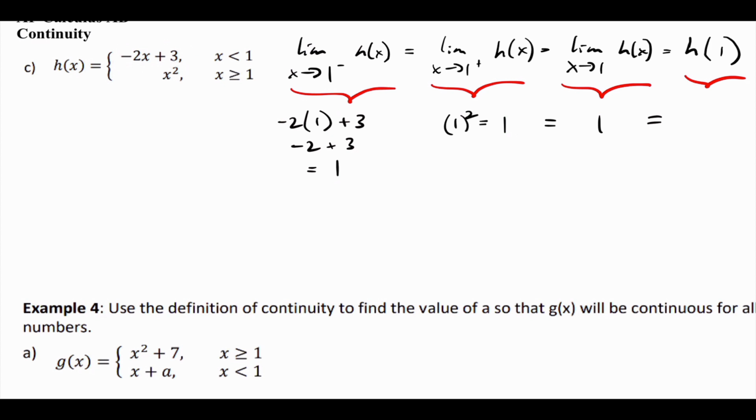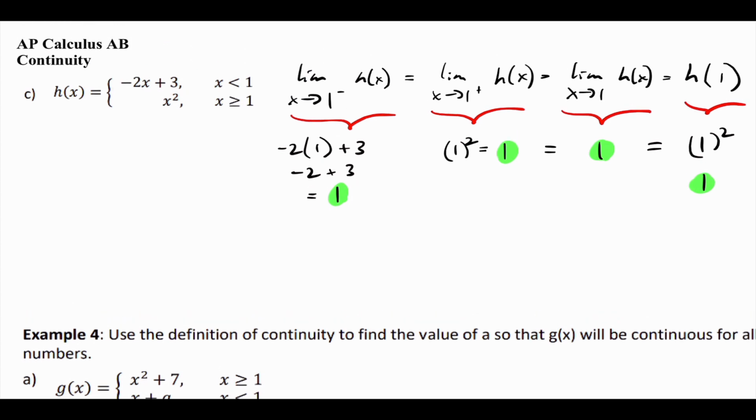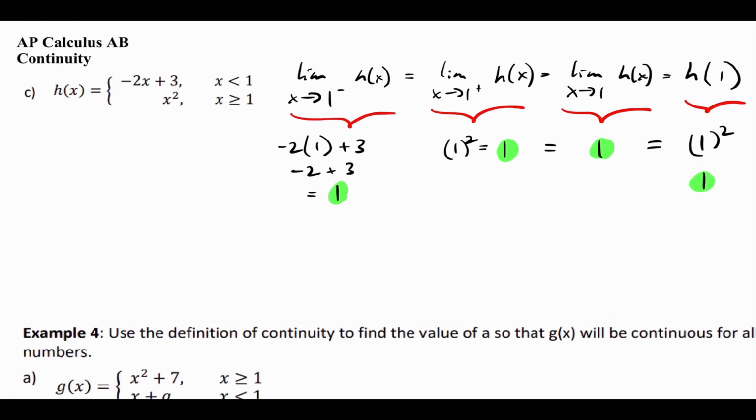To the top or bottom? Bottom, which we already did. So all 4 of these guys are equal. Because all 4 of these guys are equal, we would say h of x is continuous everywhere.